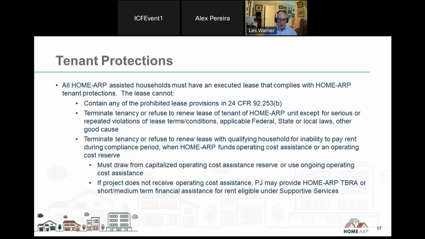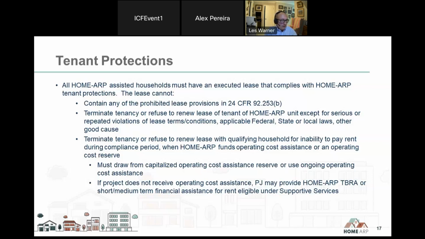In cases where we have a project that does not have operating cost assistance, or maybe that has lapsed at some point during the life of that project, the PJ could use tenant-based rental assistance or other short-term financial assistance under supportive services to make sure that that unit would continue to be affordable for that particular household.